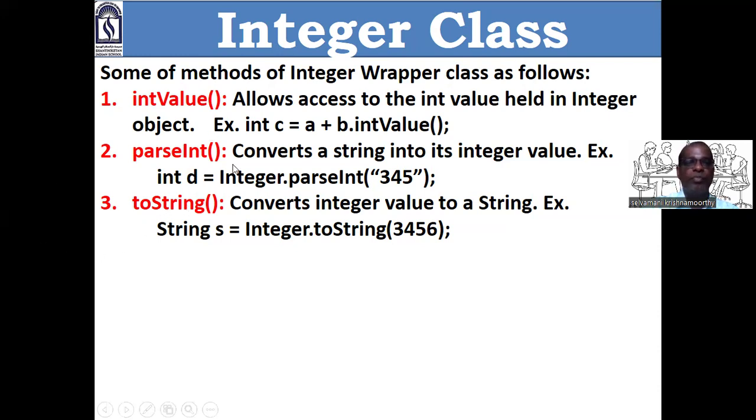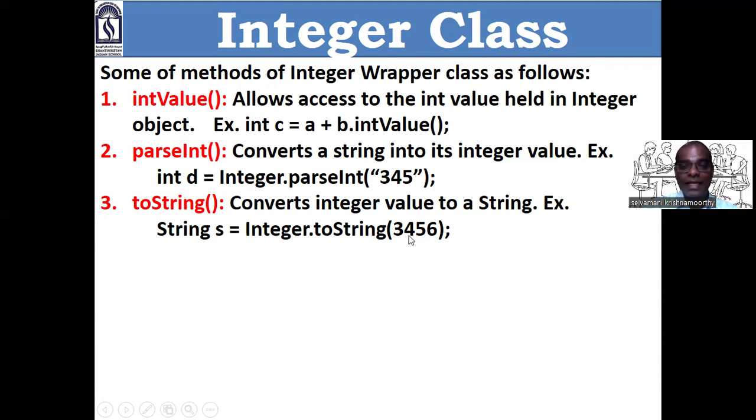toString is just the opposite of parseInt. From the name itself, we can easily understand. toString converts an integer value into a string. parseInt converts a string to an integer; toString converts an integer into a string. See, in this example, there are no double quotes, so this is not a string 3456.